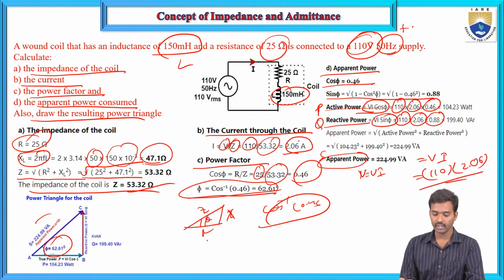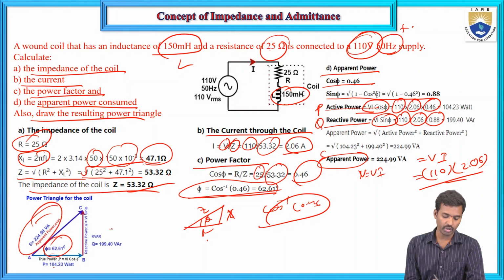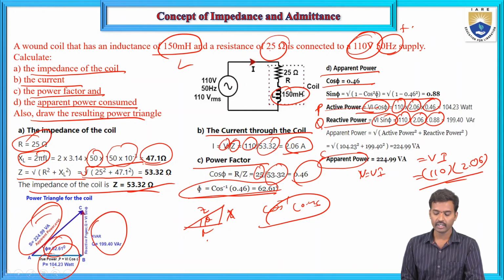Or, if you know P and Q, this is a right angle triangle, so you apply the Pythagoras formula and you will get this. This is the apparent power, this one is the active power, and this is the reactive power.